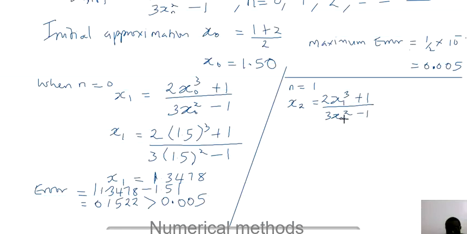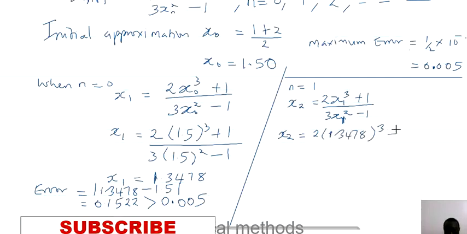So I'm going to have x2 as being equal to 2 into bracket 1.3478 power 3 plus 1, everything over 3 into bracket 1.3478 power 2 minus 1.